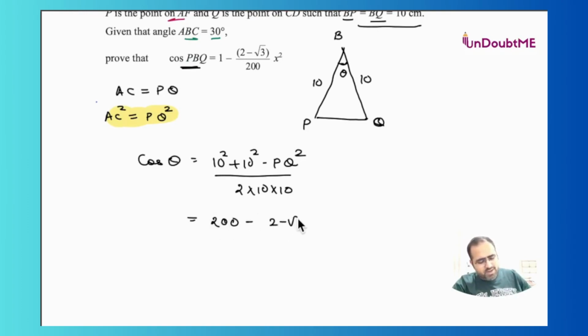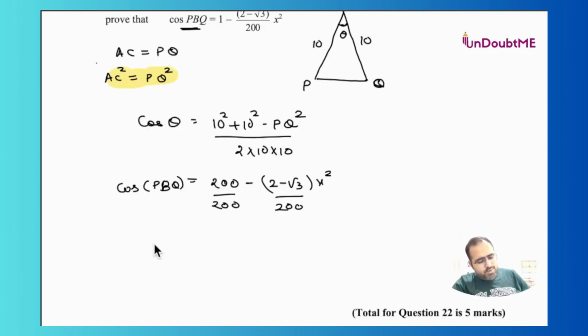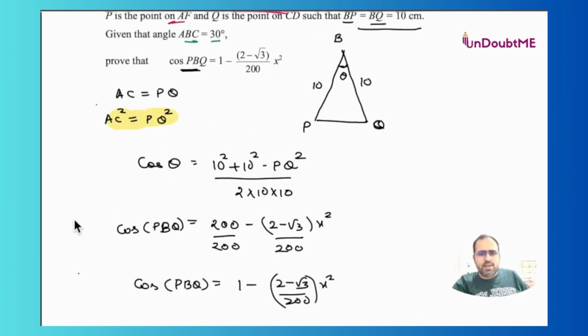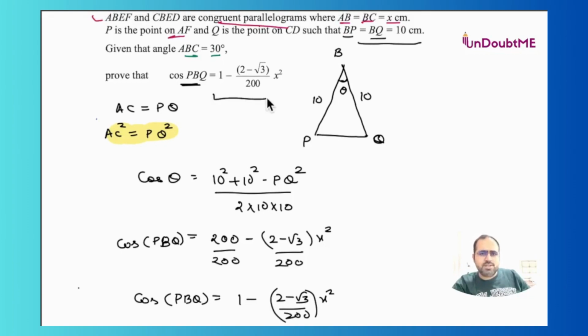PQ square is 2 minus root 3 times x square. And in the denominator, we have 200. That 200 can be divided individually for both the numerators. Finally, 200 by 200 will be 1. So cos PBQ is equal to 1 minus (2 minus root 3) over 200 in the bracket together times x square. Why are we not doing anything to it? Because this is the form they have asked us to prove.